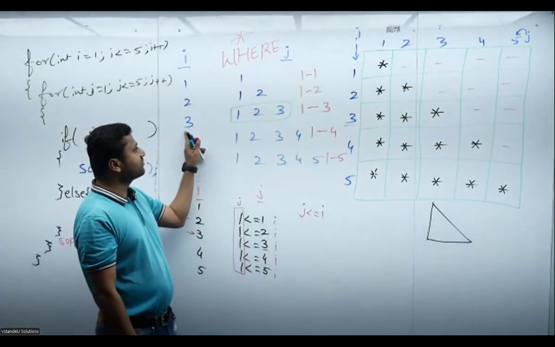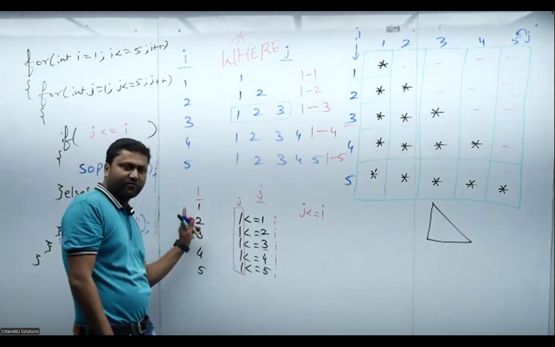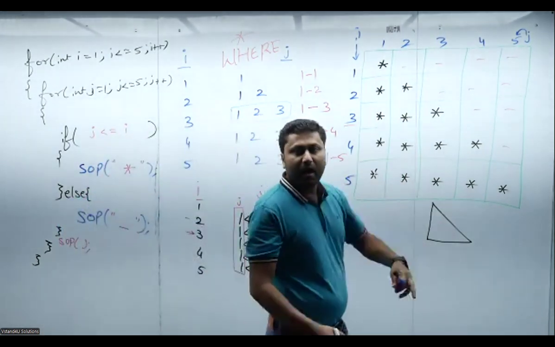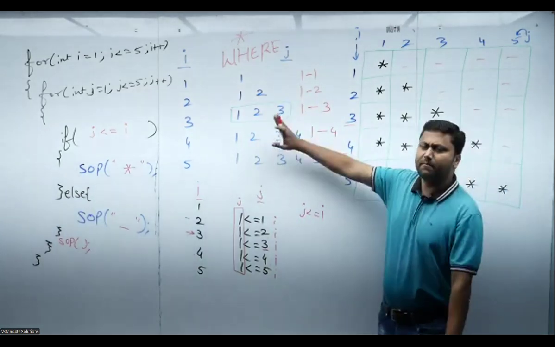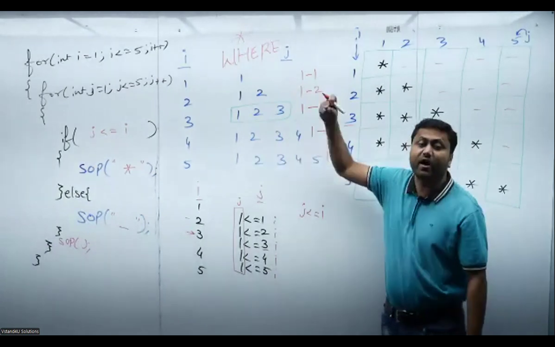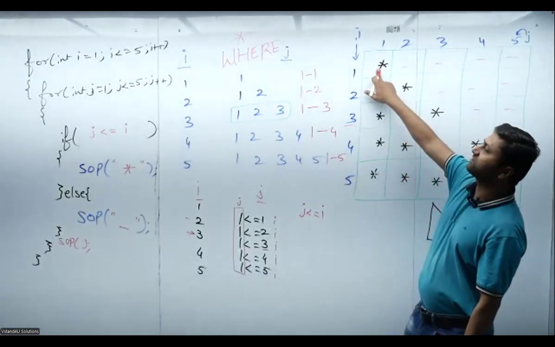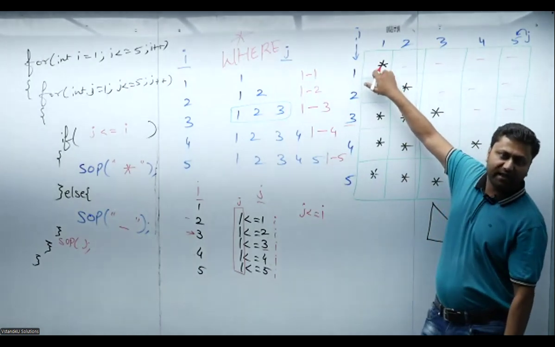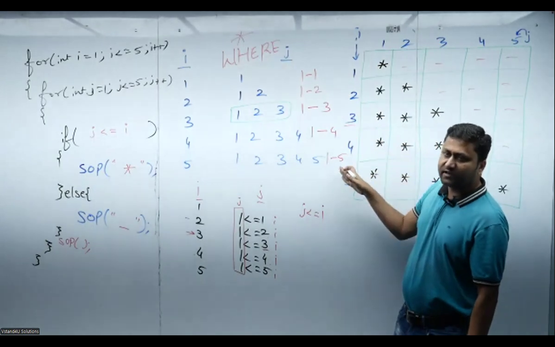For I value 3, then 1, 2, 3. For I value 5, then 1, 2, 3, 4, 5. Are you with me? So we have first blindly listed out the places where the values of J and I should be used to print the star. After this, let's start making that terminology generic.